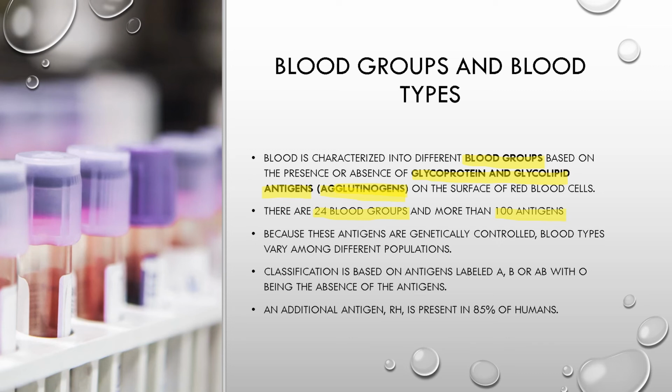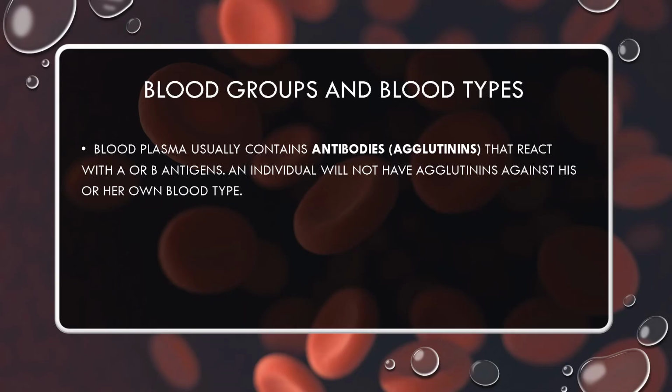These are ABO blood groups and RH blood groups. So first off, the ABO blood group. This is based on 2 glycolipid antigens called A or B.